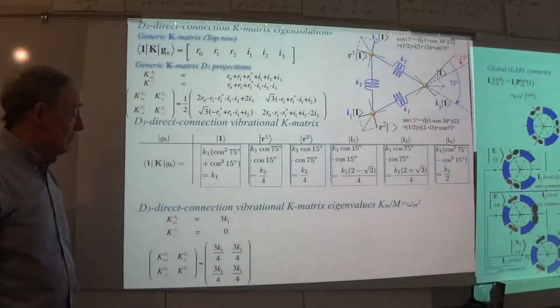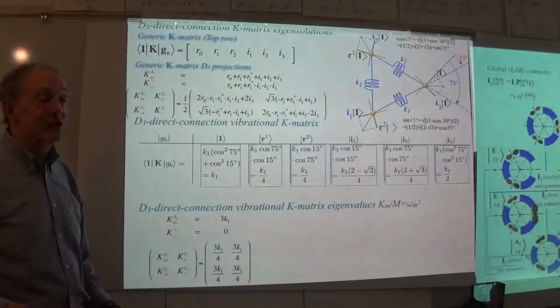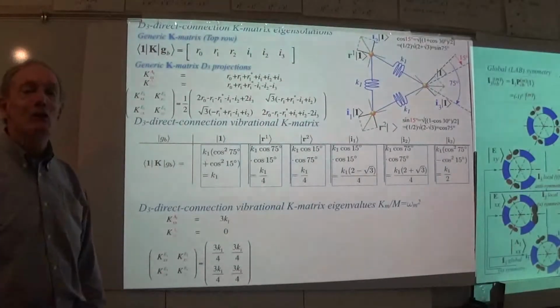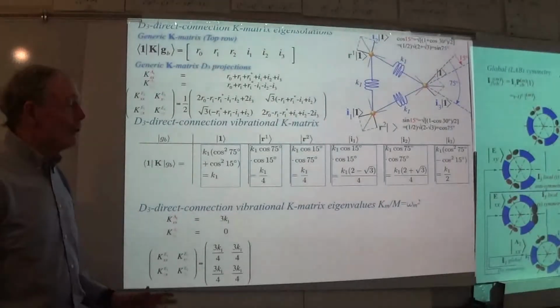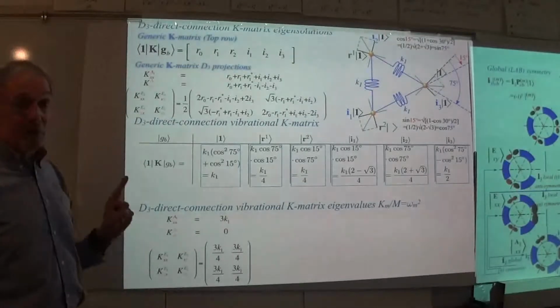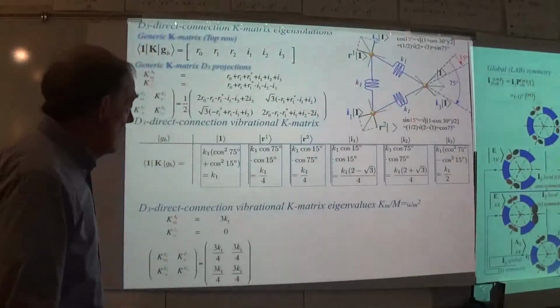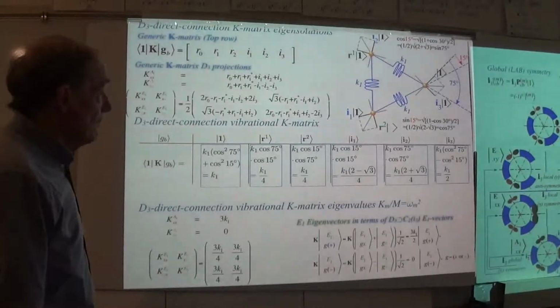Now this is a matrix that does not respect local symmetry. Global and local get mixed 50-50 in this example. So that is what I want to show first off with this.